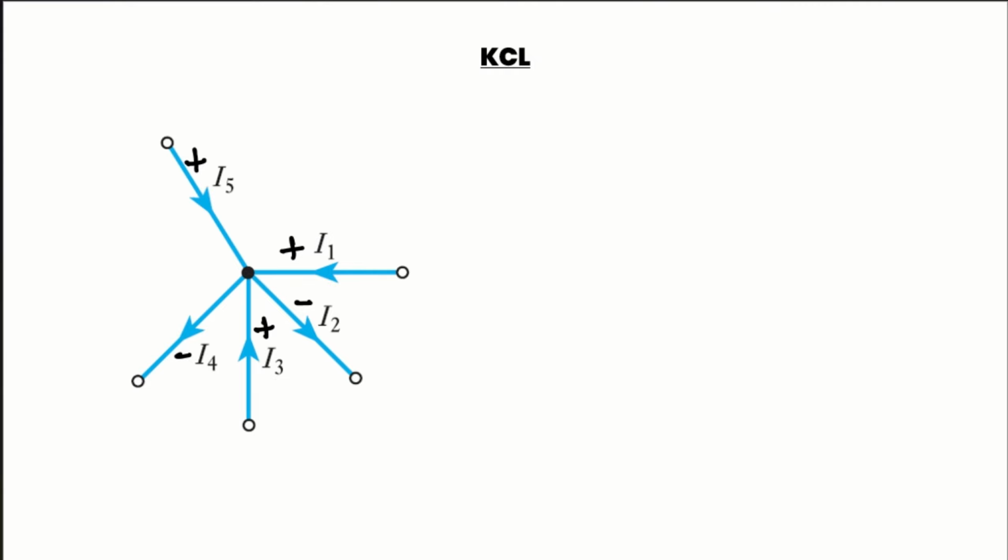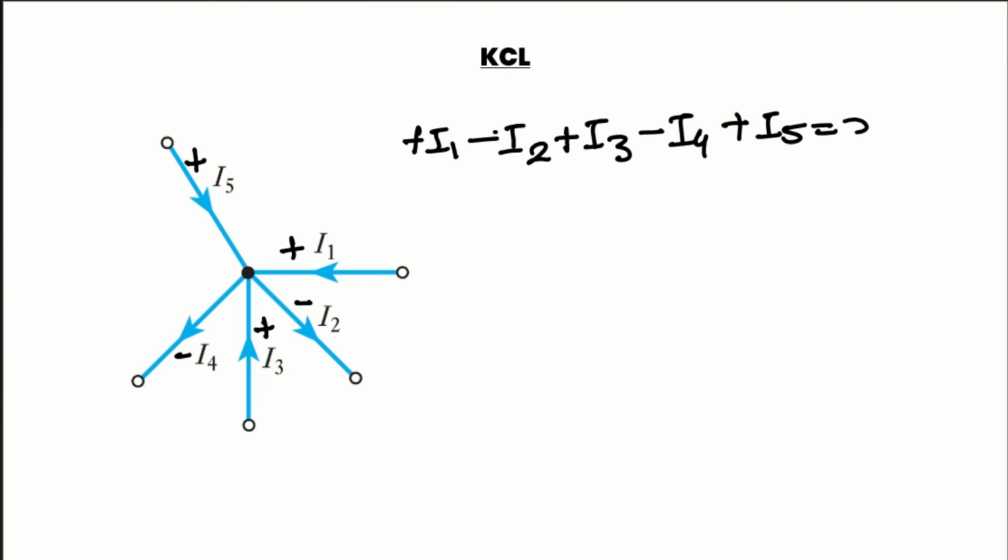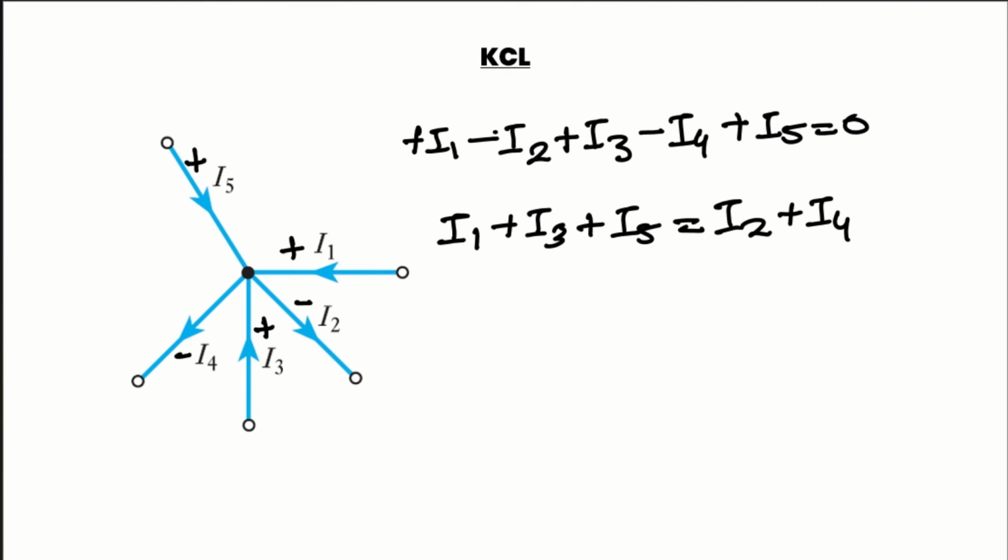According to KCL, we can write this as plus I1 minus I2 plus I3 minus I4 plus I5 should be equal to 0. If you rearrange this equation, you will get I1 plus I3 plus I5 equals I2 plus I4.